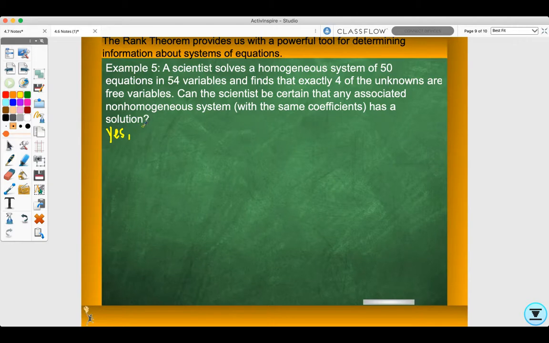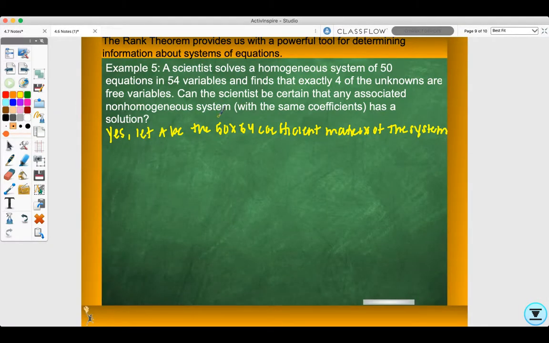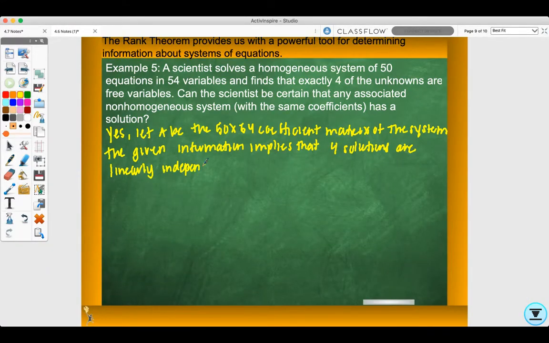If we let A be the 50 by 54 coefficient matrix of the system, the given information implies that 4 solutions are linearly independent and span Null A. So the dimension of Null A equals 4.